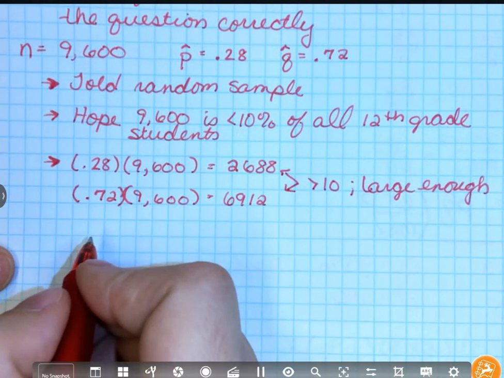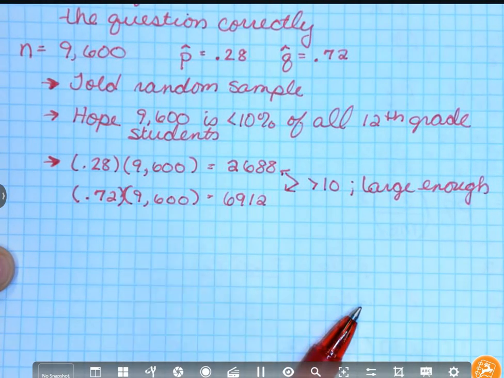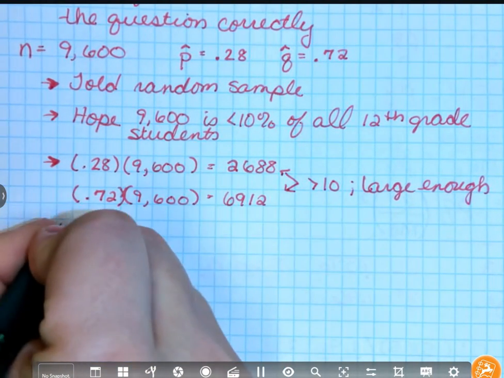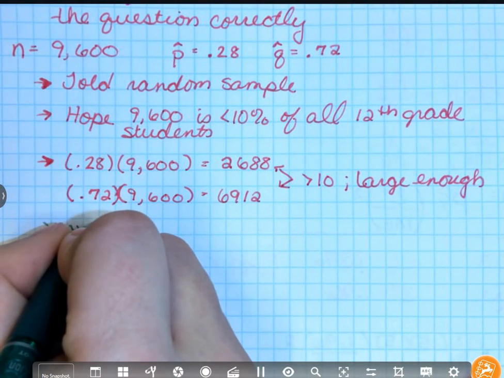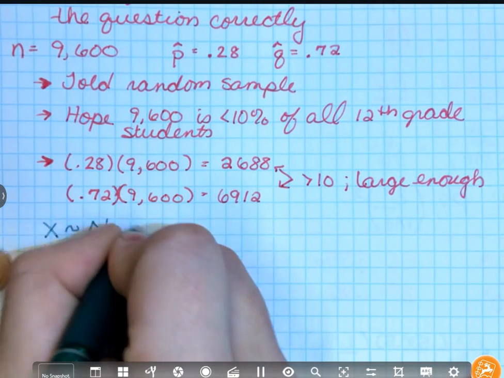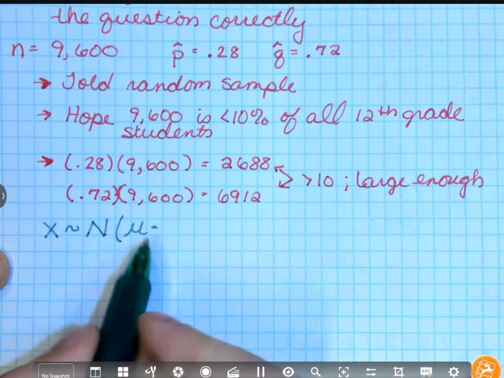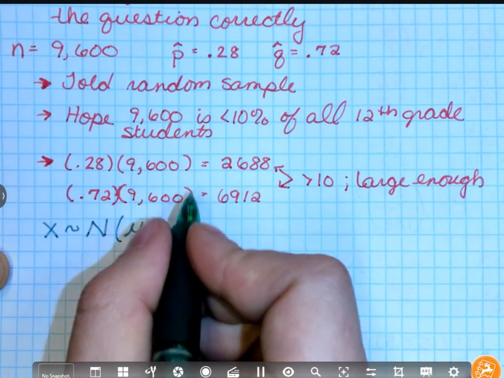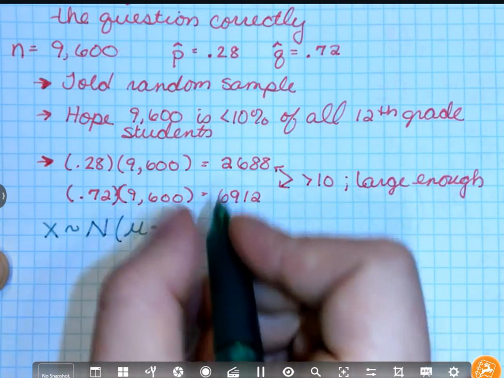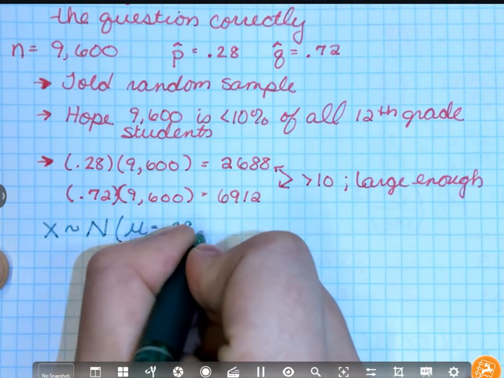I also need to tell what my distribution is. What is my distribution going to be? Shape: normal, centered at, and ladies and gentlemen, you have to put that mu. Where is it centered? 0.28.